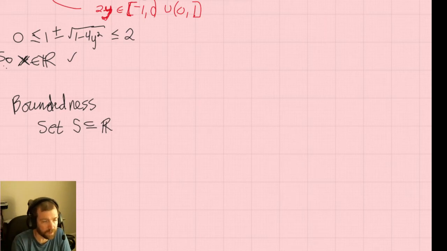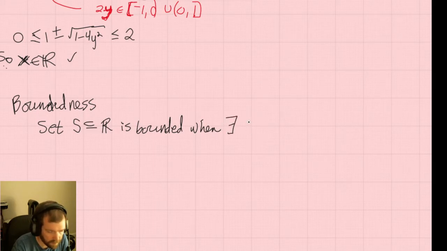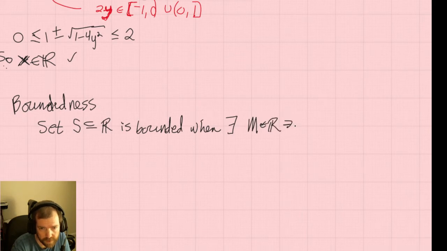S is a subset of the reals, hence S. There exists some M inside the reals such that the absolute value of x is less than or equal to M.